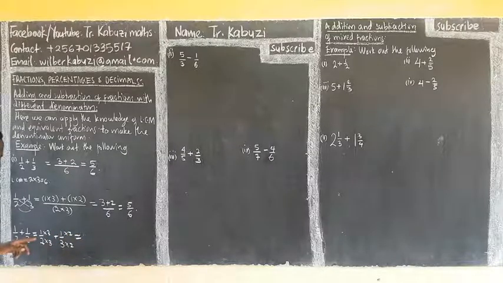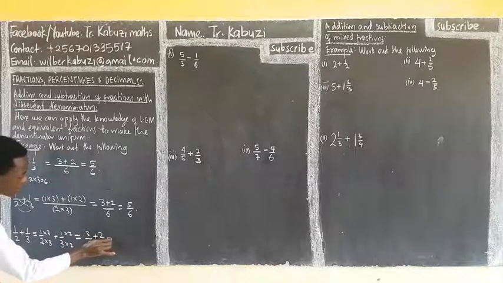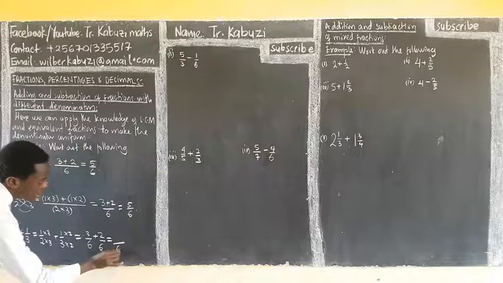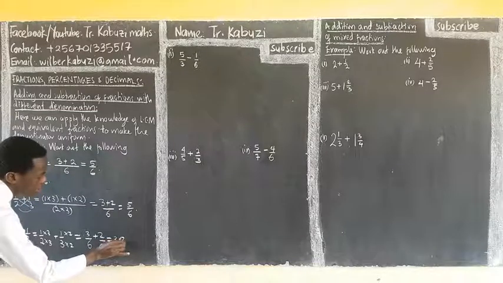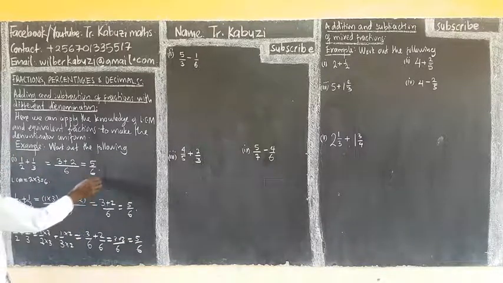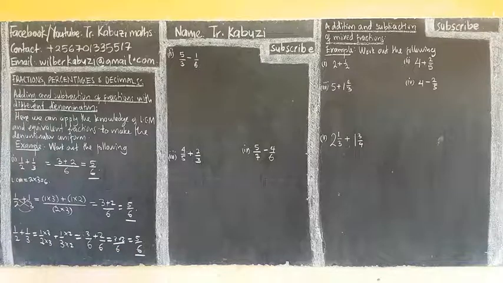This gives us 3 over 6 plus 2 over 6, and now the denominator is the same. So it's 3 plus 2, which is 5 over 6. So those are the 3 ways you can handle that.